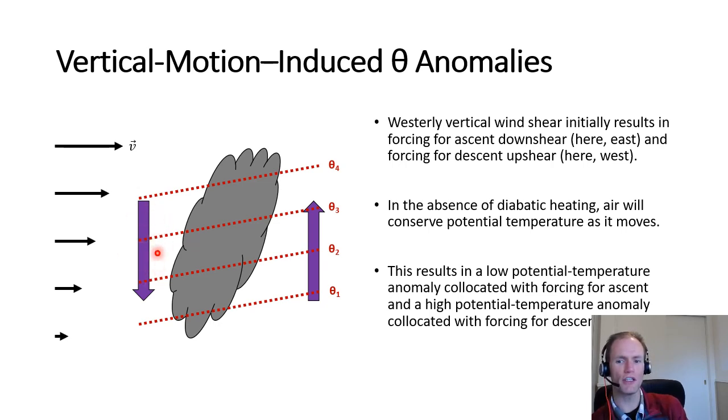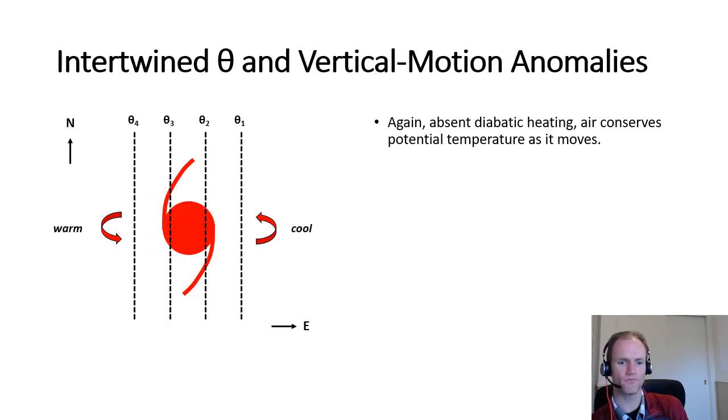So it's relatively warm to the west and relatively cold from a potential temperature standpoint to the east at any given altitude, height or pressure based across the tropical cyclone. So we get this low potential temperature anomaly, relatively cold here to the east with our ascent, and high or warm potential temperature anomaly co-located with our region of descent to the west.